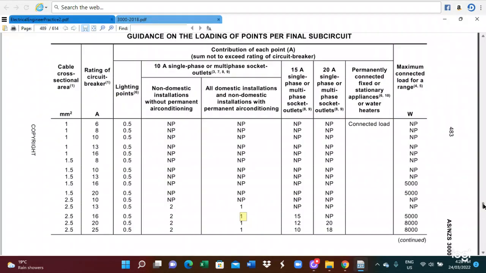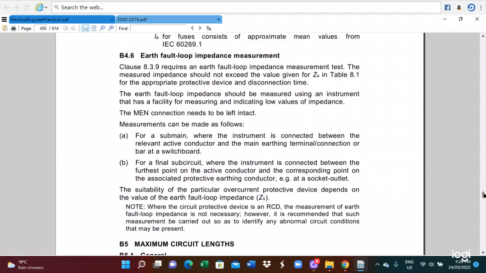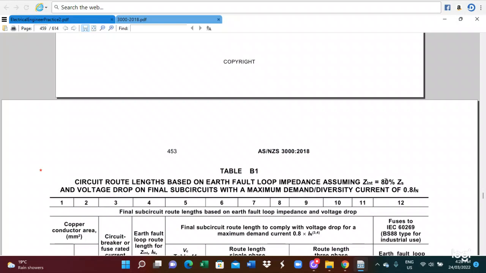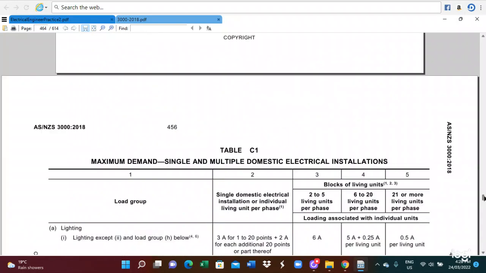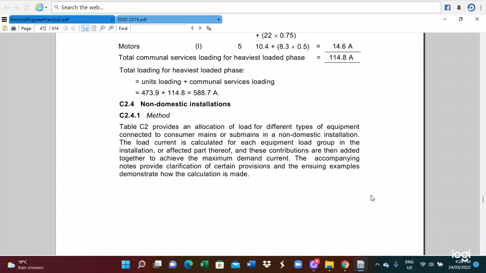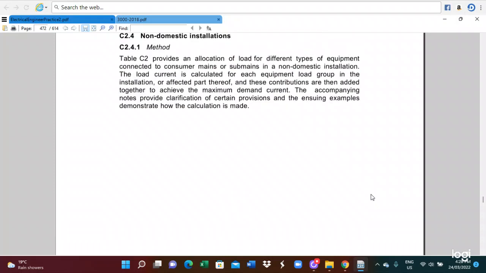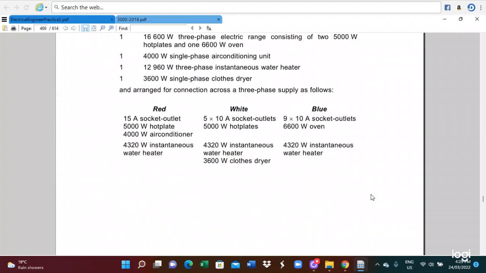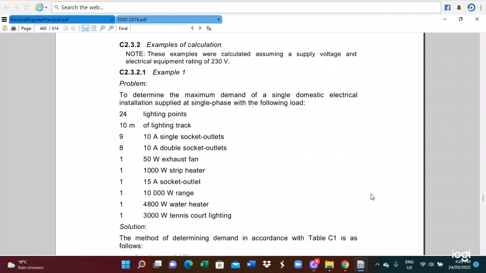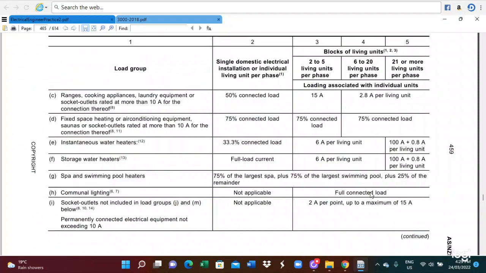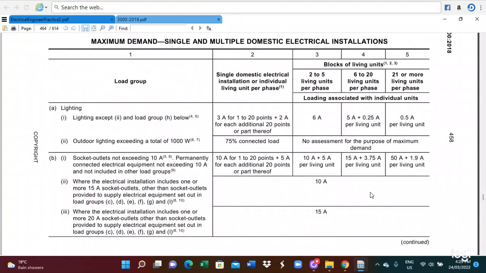Go up and we find table C1. So table C1 here: load group lighting point.